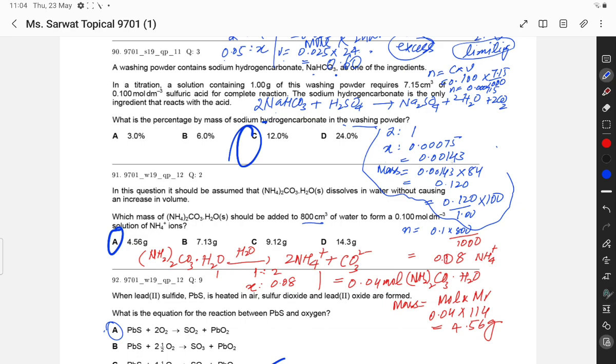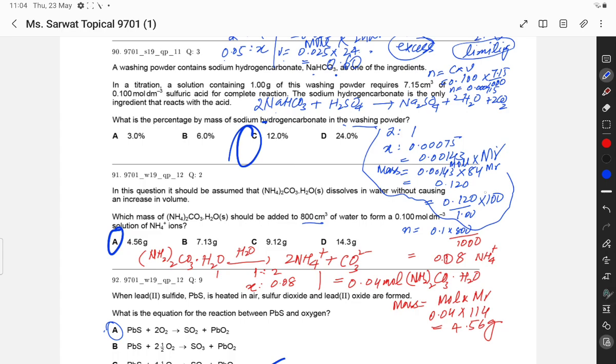So the moles of sodium hydrogen carbonate is 0.00143, and the mass of sodium hydrogen carbonate is moles times Mr, so 0.00143 times the Mr of sodium hydrogen carbonate. So we get 0.12, and this is 12%.